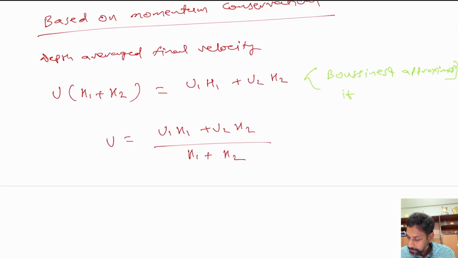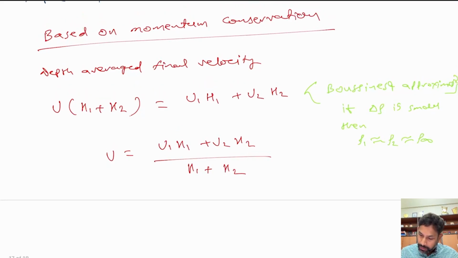If delta rho is small, then we consider rho 1 to be equal to rho 2 to be equal to rho infinity. So we consider both rho 1 to be equivalent to rho 2, and that can be equal to rho infinity. So we are applying the Boussinesq approximation, and whatever we are trying to derive is based on that particular case.